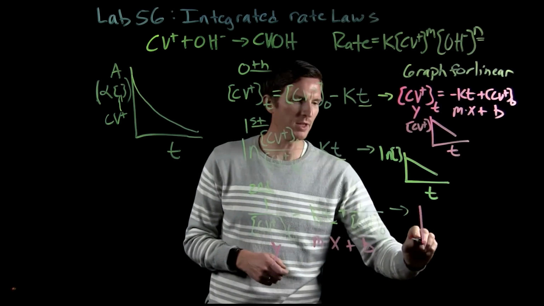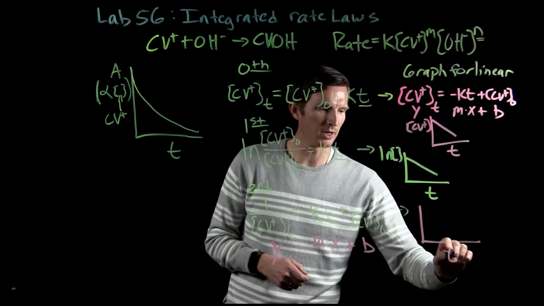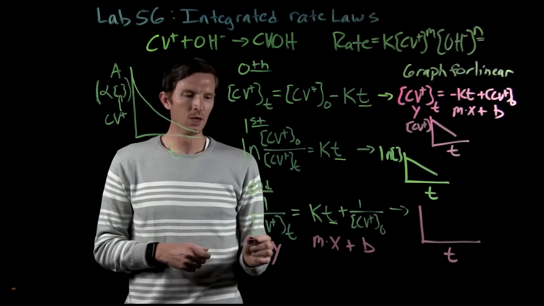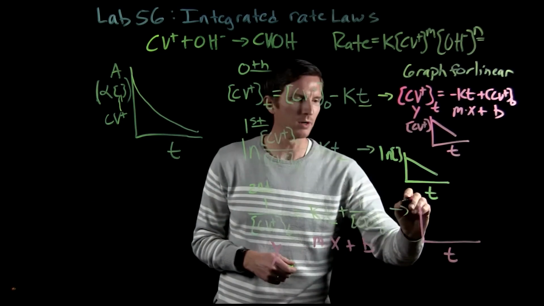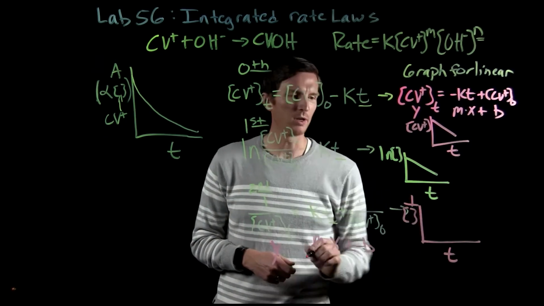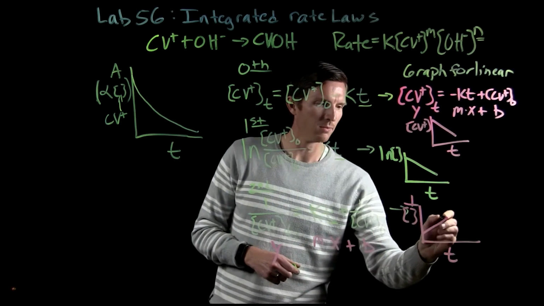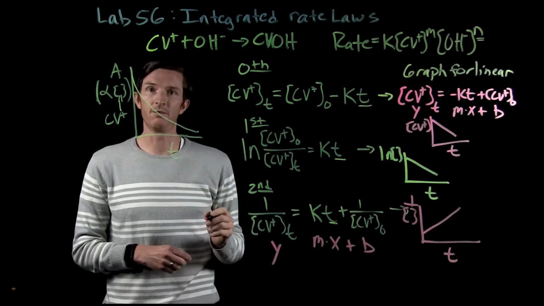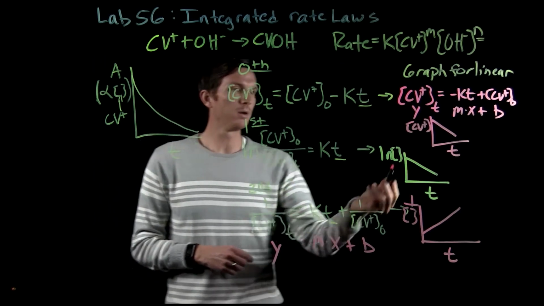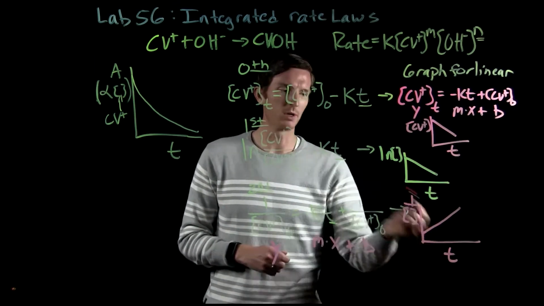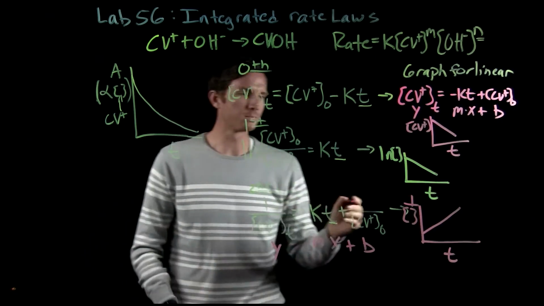So now we again want to graph it versus time. We want to graph 1 over the concentration of our crystal violet, and when we do this, we notice it is a linear graph as well. Now note, these two have negative slopes, whereas our third one has a positive slope.